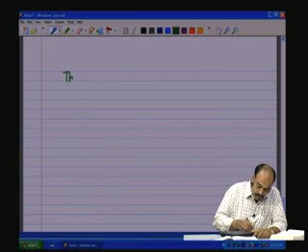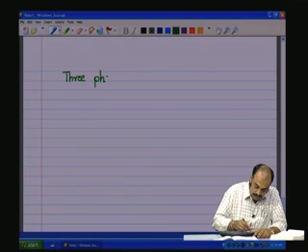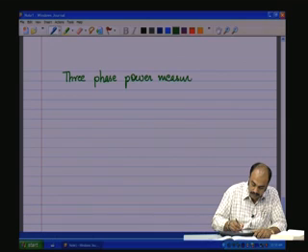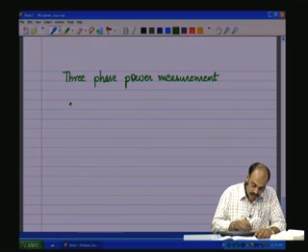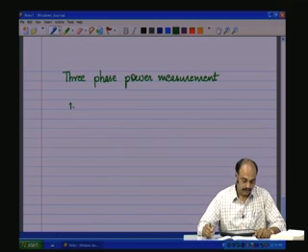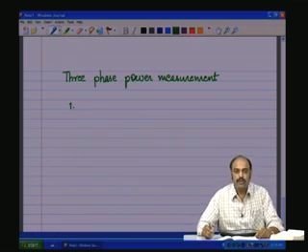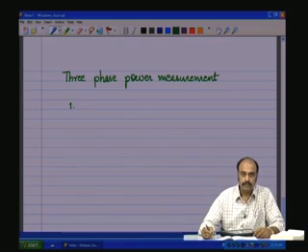Now, the new topic here is 3-phase power measurement. There are, I would say, 2 methods.